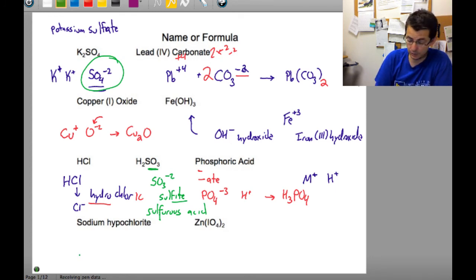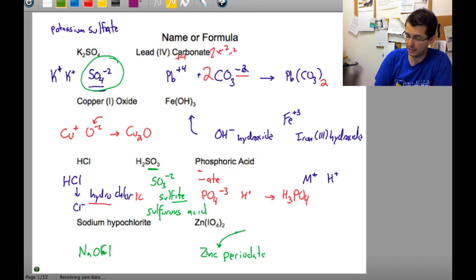And these last two, sodium hypochlorite and zinc periodate. Normally with transition elements we have to indicate the charge.